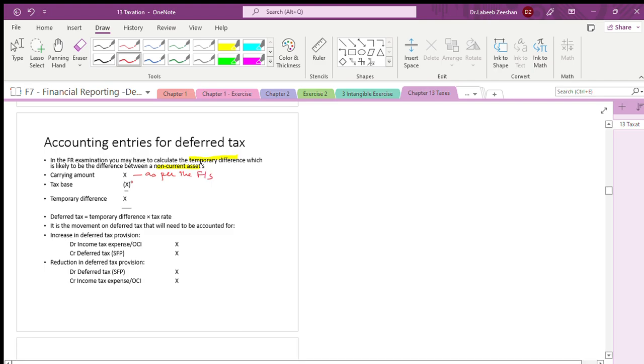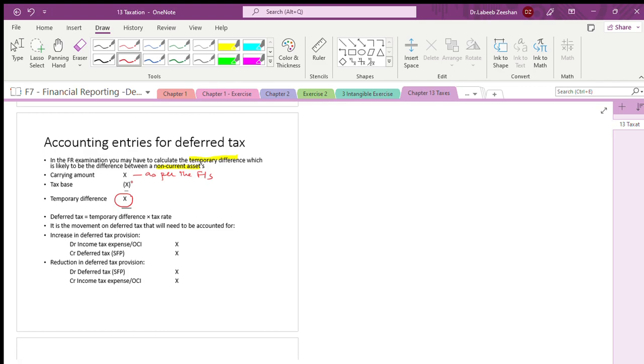You will have the tax base, how much you have to pay, the provision, and how much we have estimated. We have the tax base, we are making an estimation, and definitely there will be some temporary difference between the financial statements and the tax base.